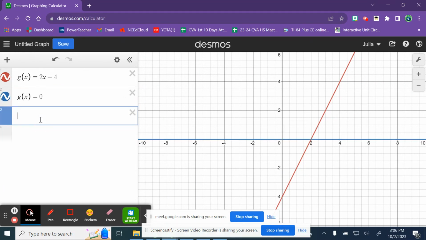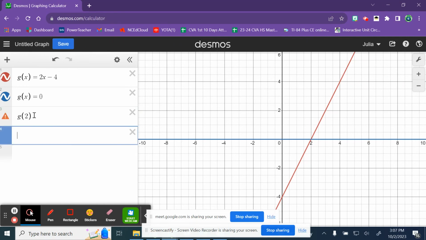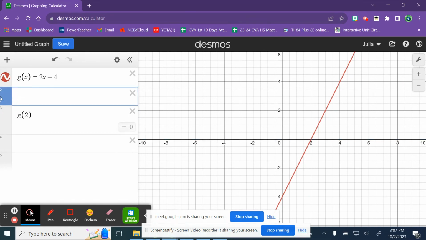If you want to check it, if I'm given the x, then it should, why is it not doing it? Oh, because I have 2 of them. That won't work. Then you would see g of 2, output 0. When I had the output, that was where I was looking for their intersection, which was at that positive 2.